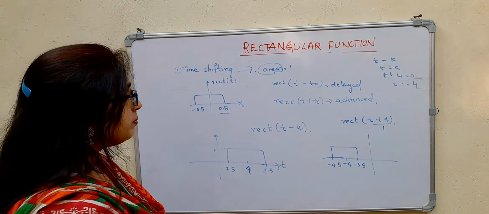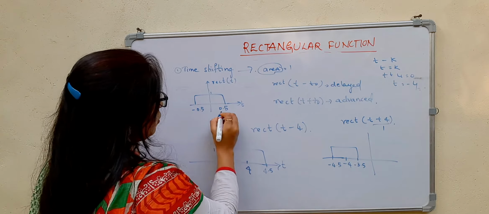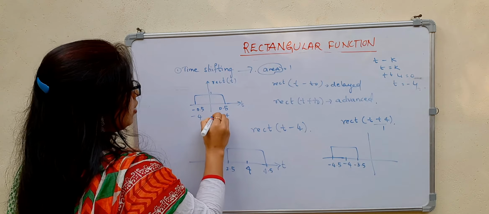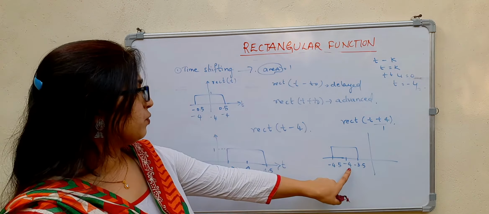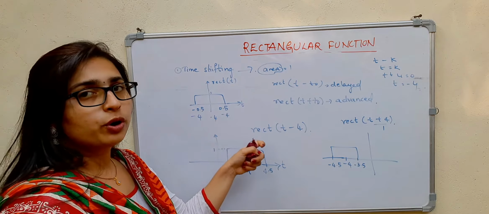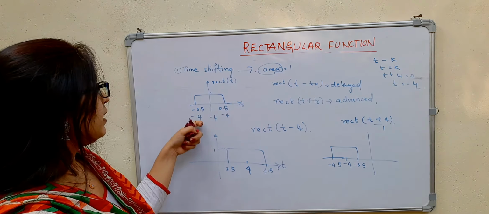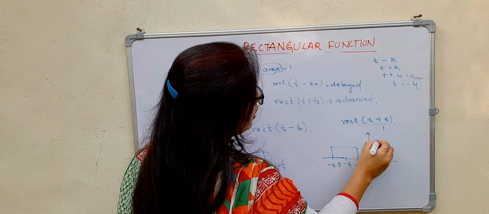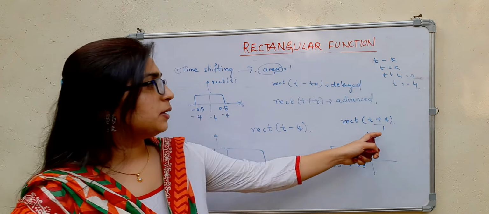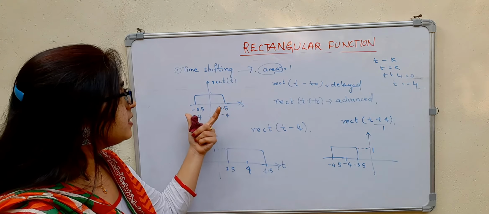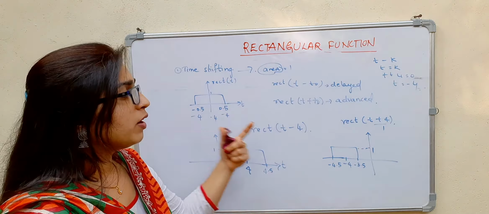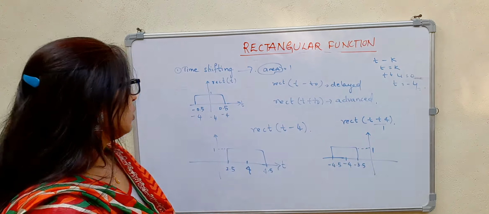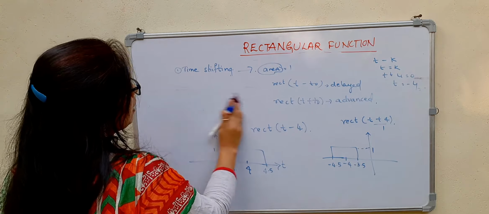The center is at minus 4 now. Minus 4 plus 0.5 is minus 3.5. Minus 4 minus 0.5 is minus 4.5. The height is 1. So this is your rectangular t plus 4. You can see that the unit rectangular function is shifted towards the left by 4 units. Okay, so this is all about time shifting.